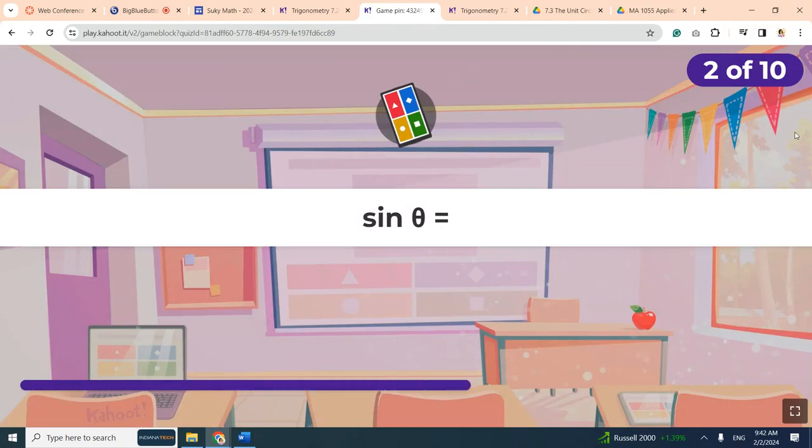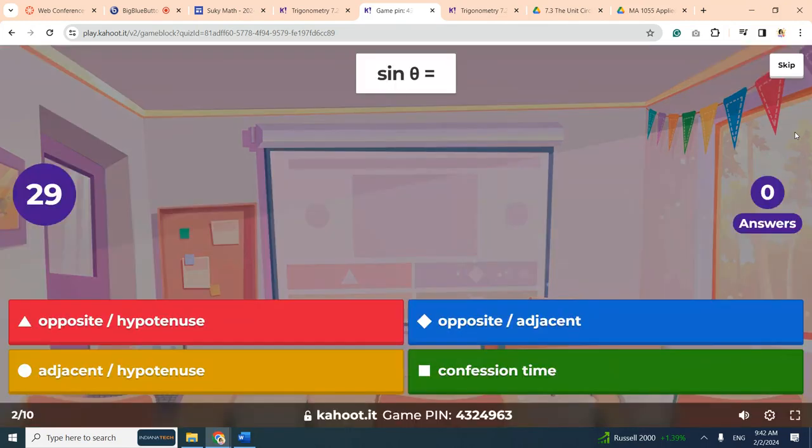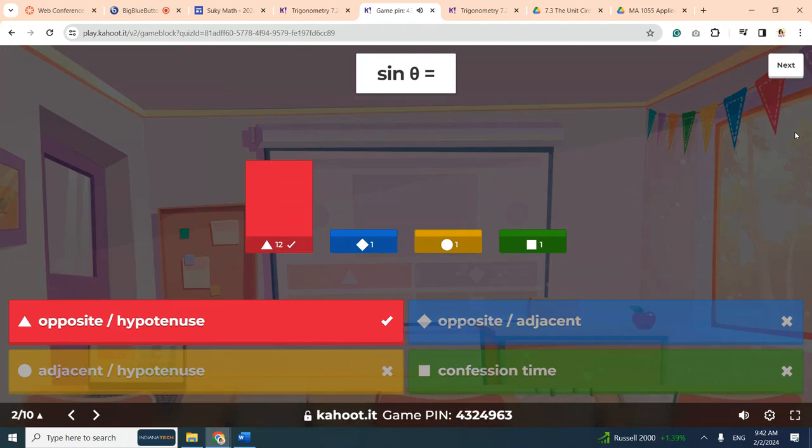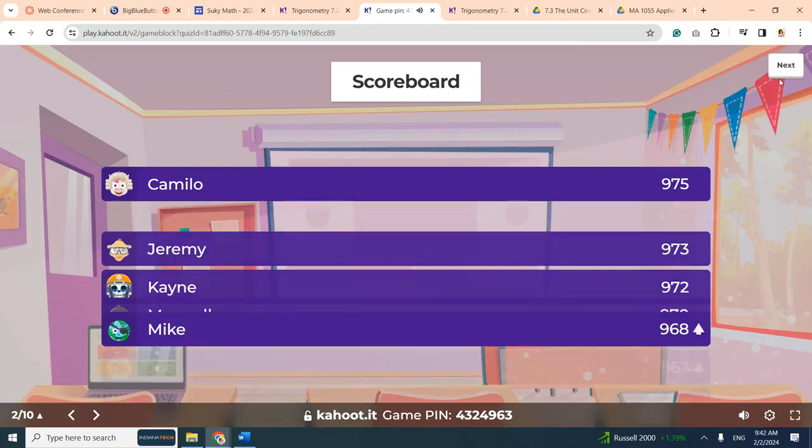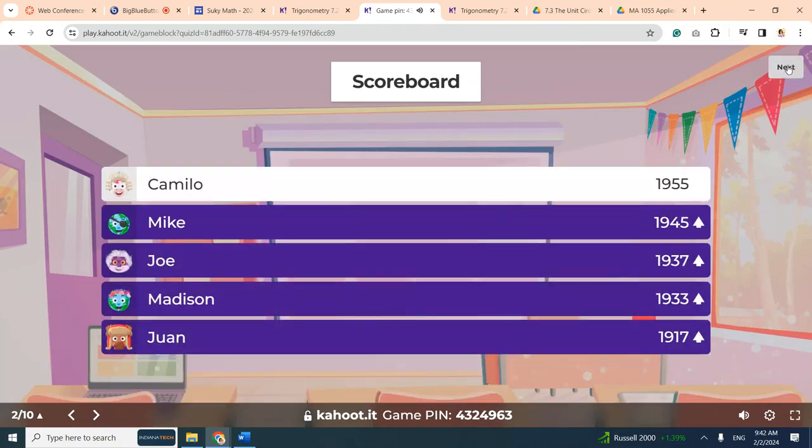Sine theta is... Good job. Three of you clicked the wrong one. Good job.